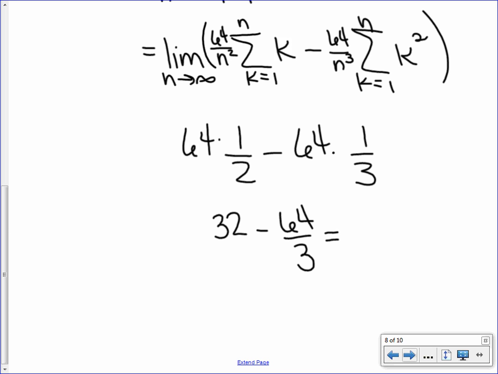That's the exact area. What is that exact area? 32 minus 64 thirds. What is that? 32 thirds? It can also be written as 32 thirds.